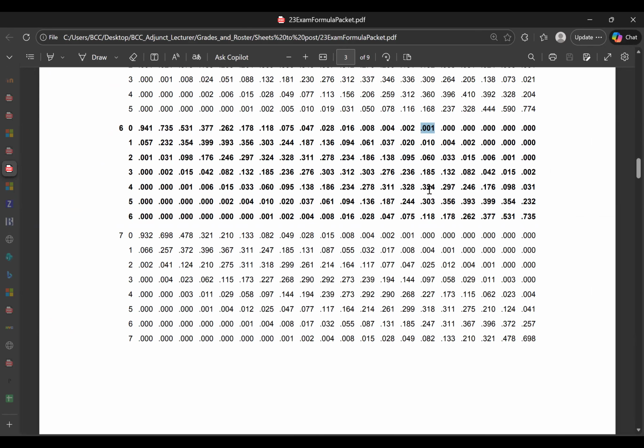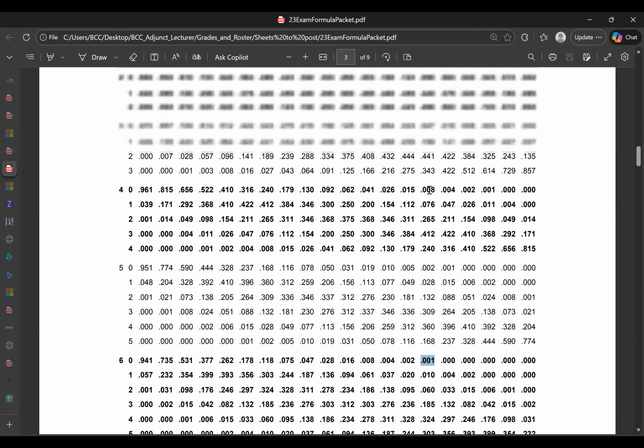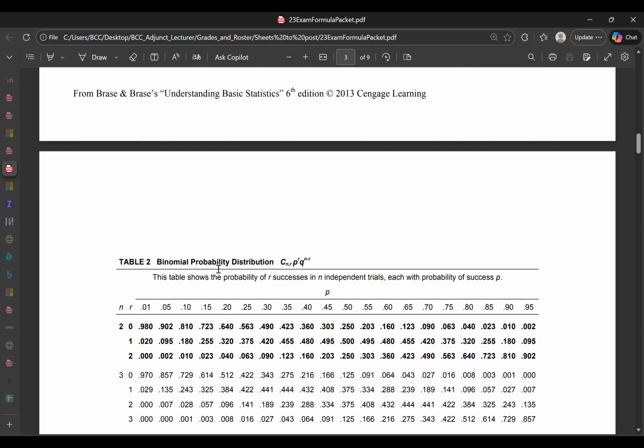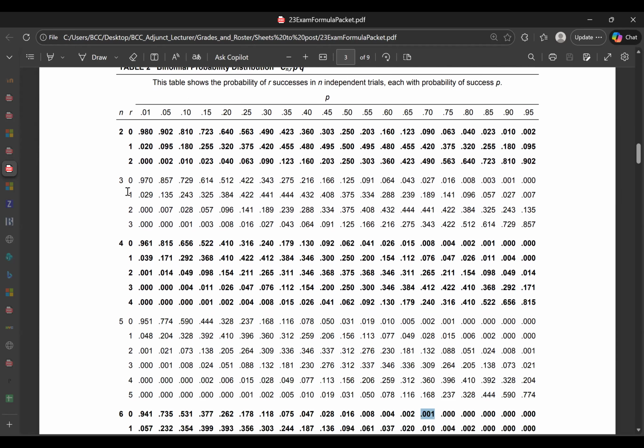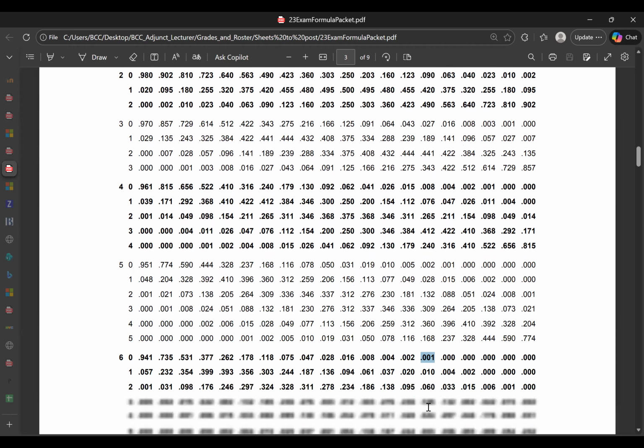Which table are you using? So this is table 2, where it says binomial probability distribution. My n is 6, right? So here's n for 2, 3, 4, 5, and then here's 6, right? And then my probability of success at the top is 0.70. I just go down that column, and that's all I want is this column right here.